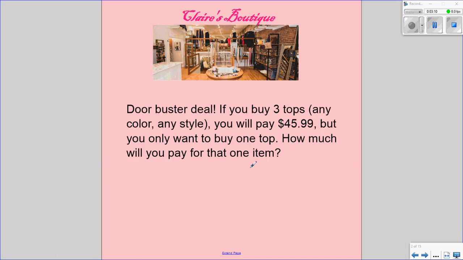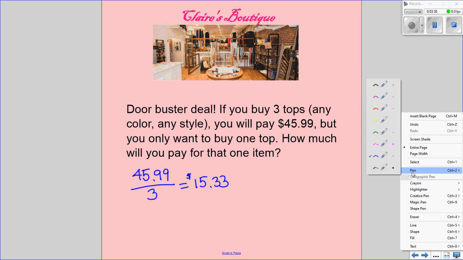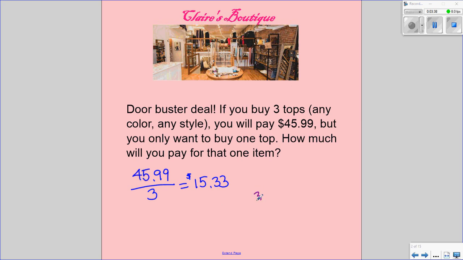There are 2 ways that you can do this. You know that 3 tops are $45.99. You could easily divide the 3 into $45.99, and then you would get $15.33. Or if you set up a proportion, you know that 3 tops is $45.99.